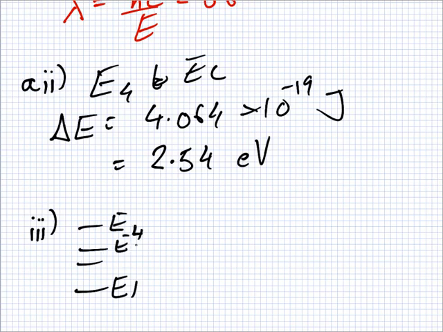Okay, so this question is they want to know, explain why a transition to the E1 level will result in UV. It doesn't say from where to E1, so we have to decide: should we go from E2 to E1 or E4 to E1?